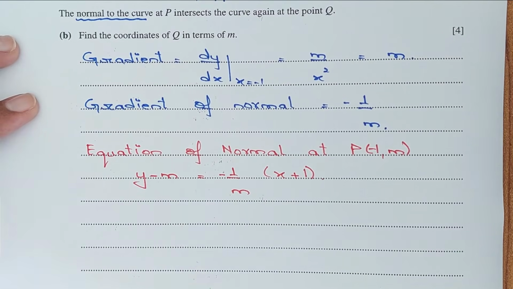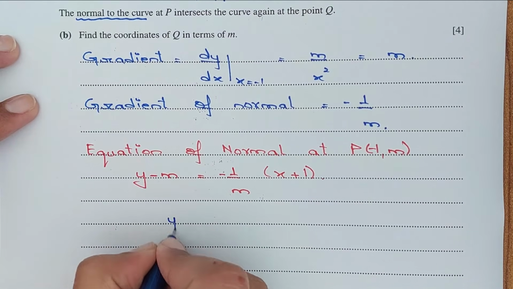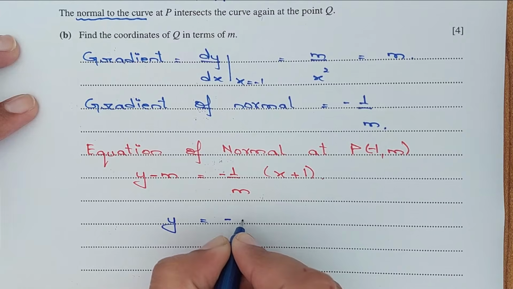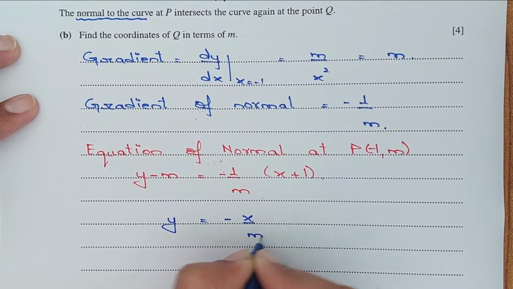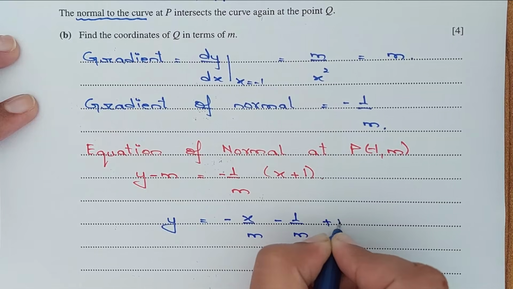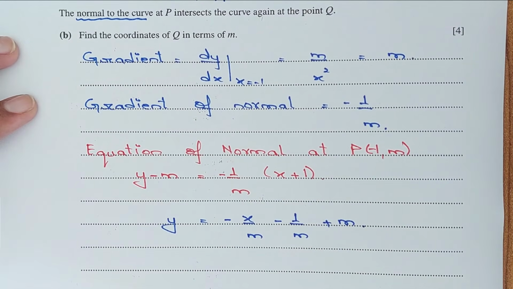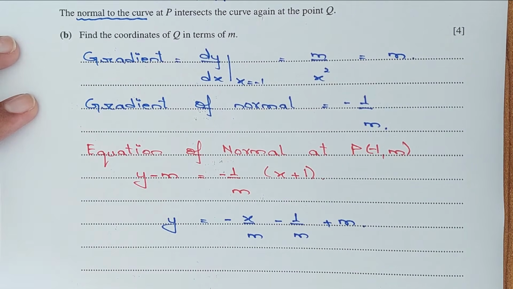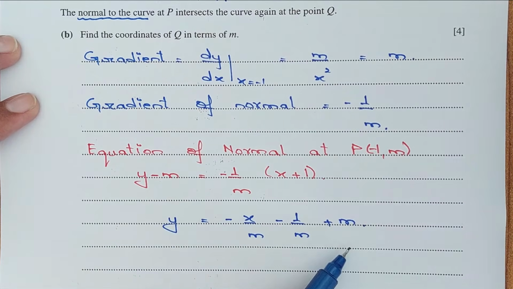Now let me solve for y from here. So what is y? y equals minus x over m minus 1 over m plus m, right? This is the y value, and this is the equation of the normal, right?